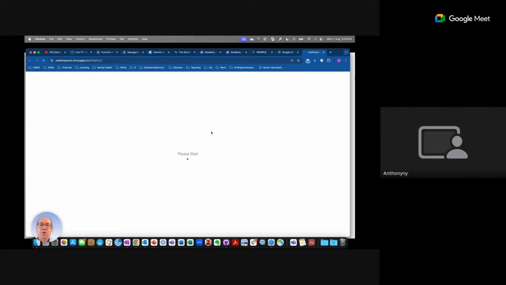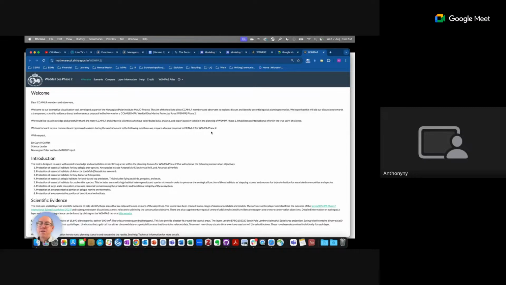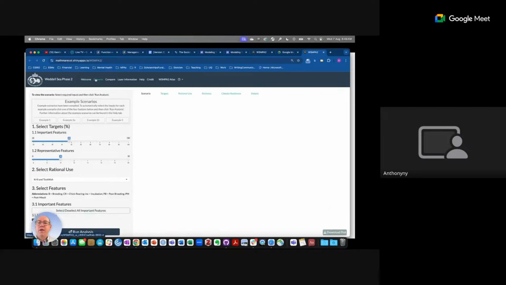Excellent. It just takes a few seconds to open. We use this app in workshops with CAMLR delegates. We had delegates from 29 nations, all using this app simultaneously to do marine spatial planning themselves and to learn about it. So I just wanted to show you quickly what you can do with it.